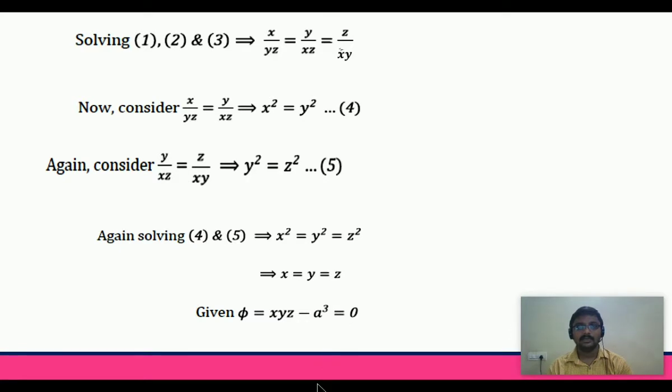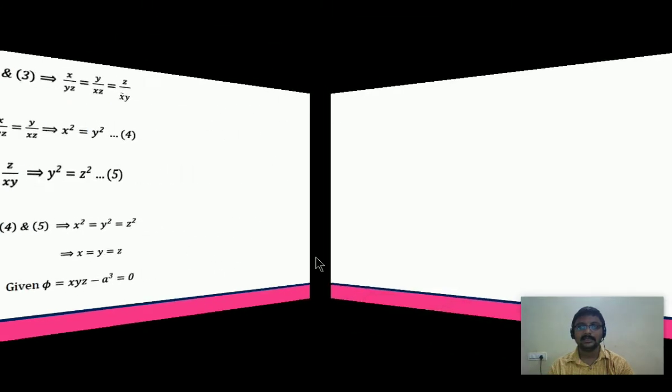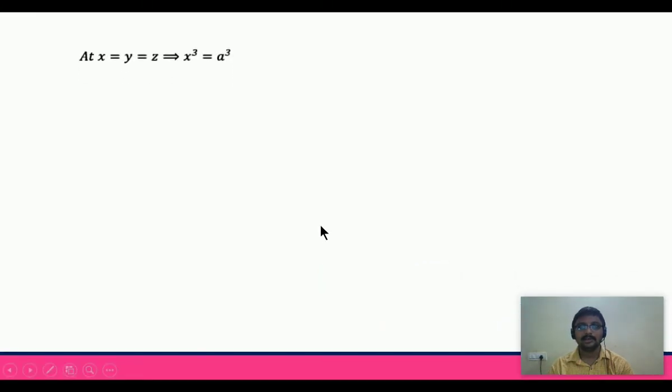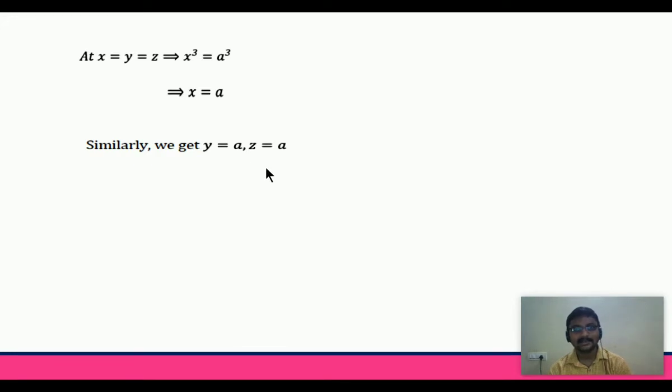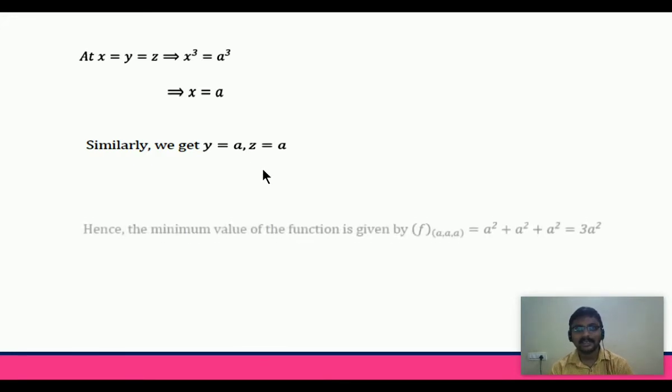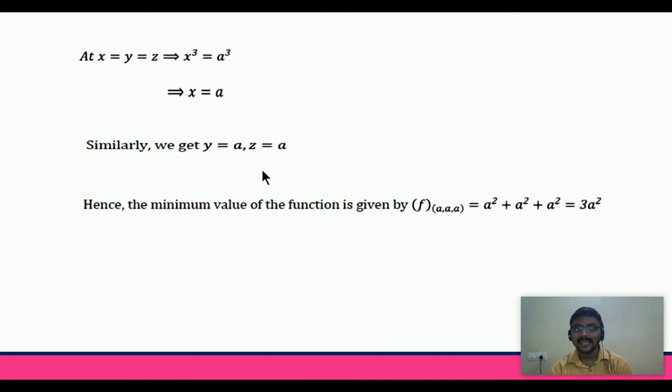Replacing y with x and z also with x, because all three x, y, z are equal, we will have x³ minus a³ is 0, which implies that x³ equal to a³, which implies x equal to a. Since x equal to y equal to z, y is also a and z is also a. The stationary point is (a, a, a).